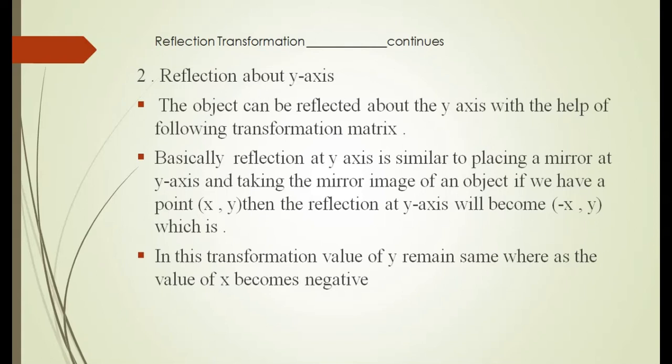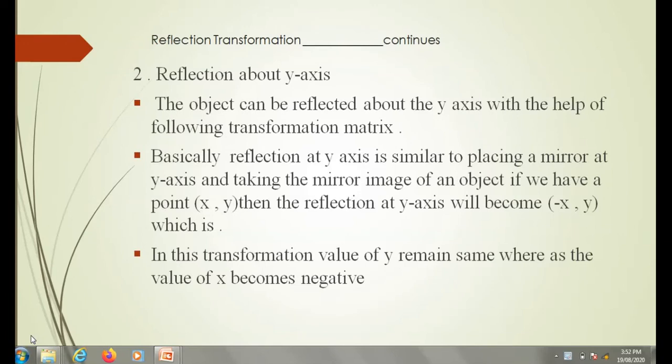Then the second one is the reflection about the y-axis. Reflection about the y-axis is similar to reflection about the x-axis. The only change is in the transformation values of the y and x coordinates. The y coordinate remains the same, but the value of x becomes negative in reflection about the y-axis.